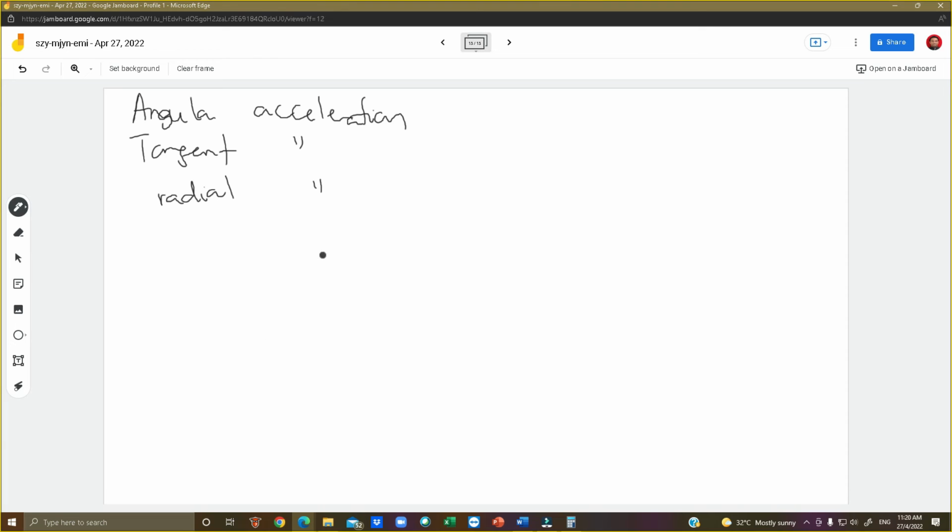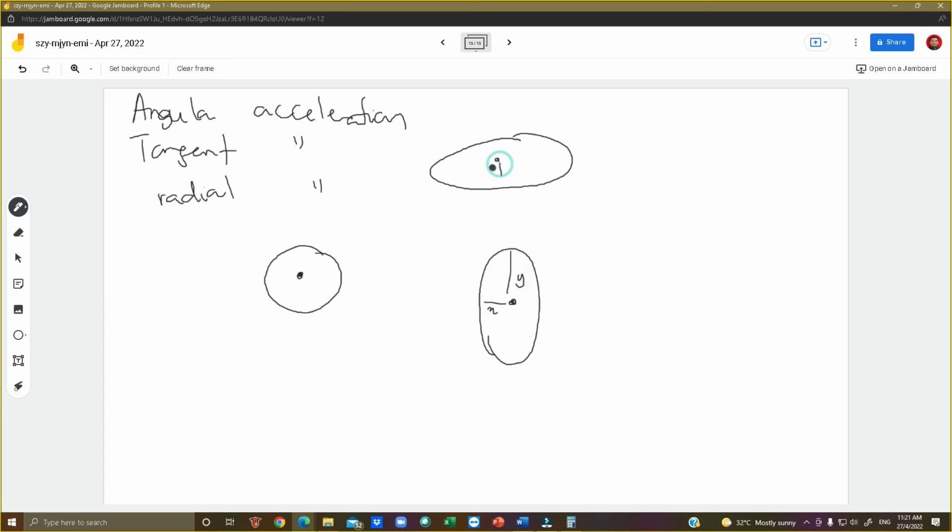Okay. When we talk about angular movement dia mesti macam ni, rotation. But do you notice that sometimes we have rotation yang macam ni, or sometimes macam ni. Means that the radius of rotation X and Y is not equal.